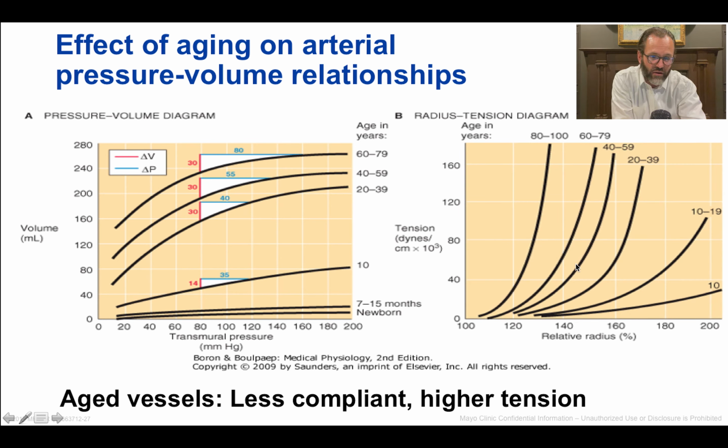You can see this with the radius-tension diagram. At any given radius, those arterial vessels have far greater increases in tension that's generated and subsequently transmitted into an increase in systolic pressure and ultimately the pathophysiology of isolated systolic hypertension.